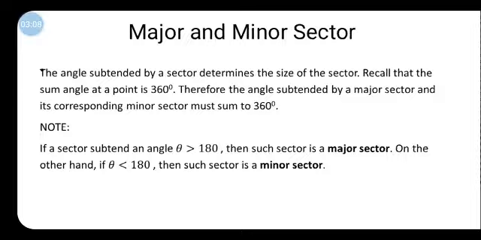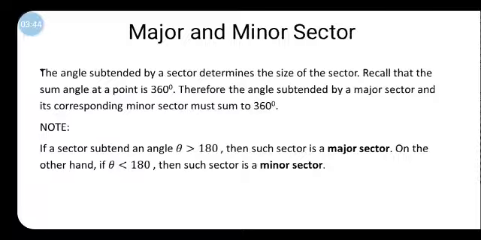So you can have more than two sectors in a circle, but in most cases one is usually the biggest and the others smaller. When you're comparing just two sectors, the bigger is called the major, and the smaller is called the minor. If the angle subtended by a sector is greater than 180 degrees, then such a sector is a major sector.